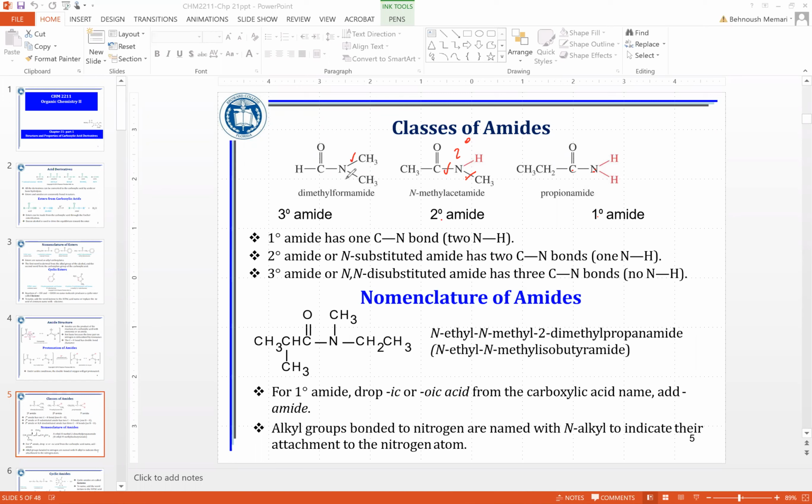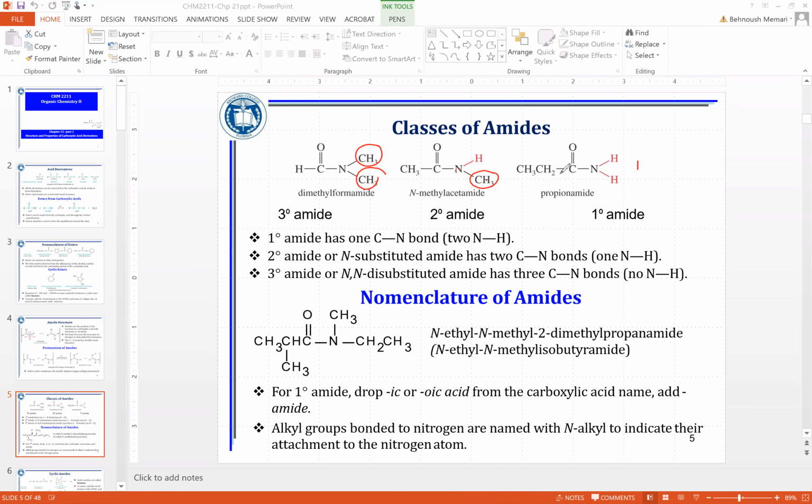For tertiary, you have three CN bonds, so that makes it a tertiary amide. So we have primary, secondary, or tertiary amide. In tertiary amide, there are two alkyl groups attached to the nitrogen. In secondary amide, there's one alkyl group attached to nitrogen, and for primary amide, there is no alkyl group attached to nitrogen.